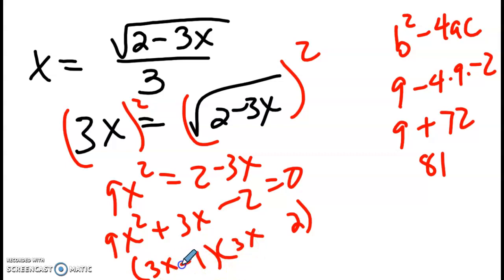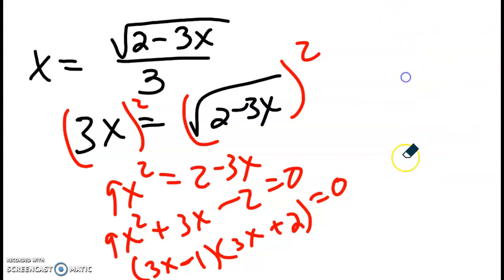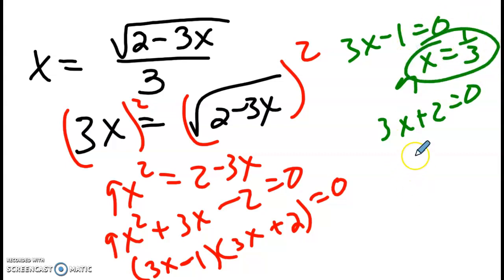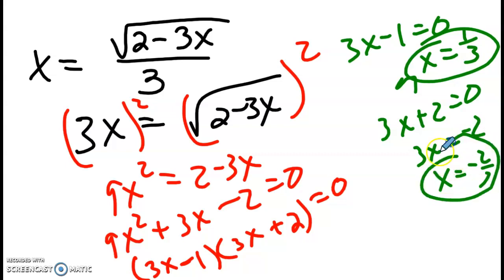Oh, so I'd want it to be minus 3x to give me the 3x in the middle. And once I saw that my b squared minus 4ac was a perfect square, I knew it would factor. So I have 3x minus 1 is 0, or 3x plus 2 is 0. So in this case, x would be, let's see, I add 1, divide by 3, 1/3, subtract 2, and then divide by 3. So my answers are 1/3 or negative 2/3.